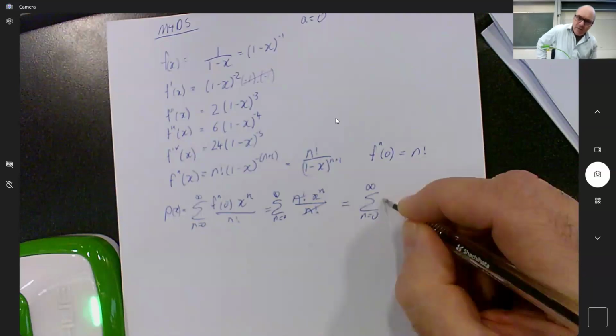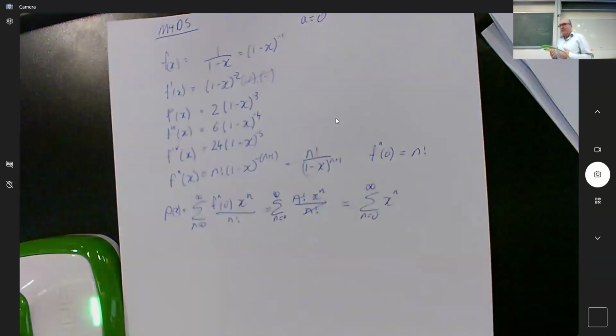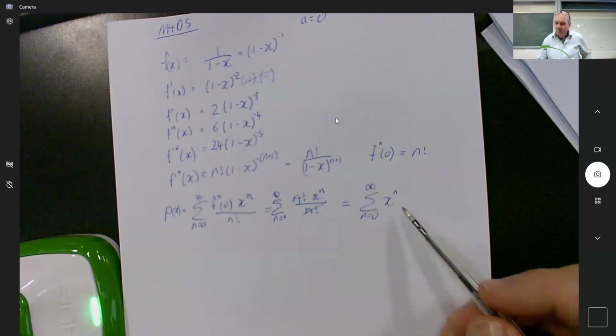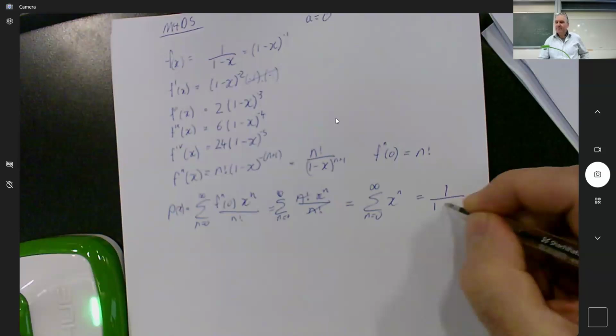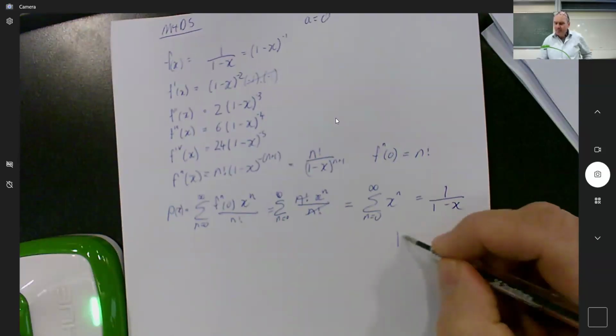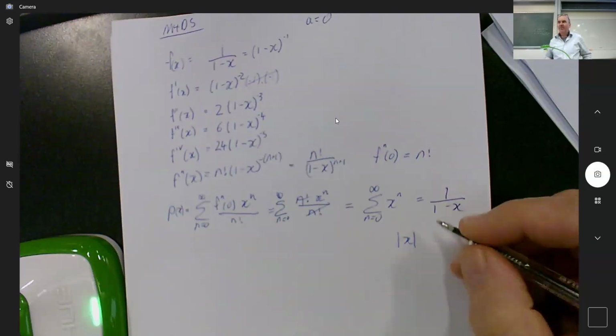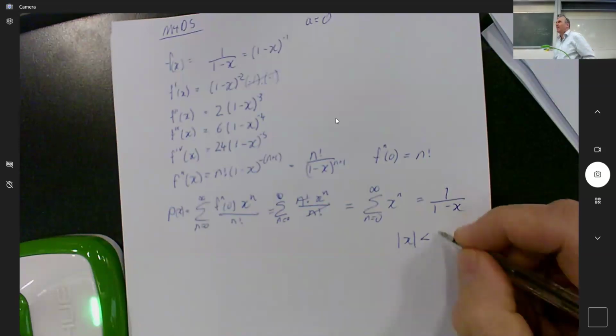All right. So this is what we know about the geometric series. We actually know that this is equal to 1 on 1 minus x, for absolute value of x less than 1. All right.